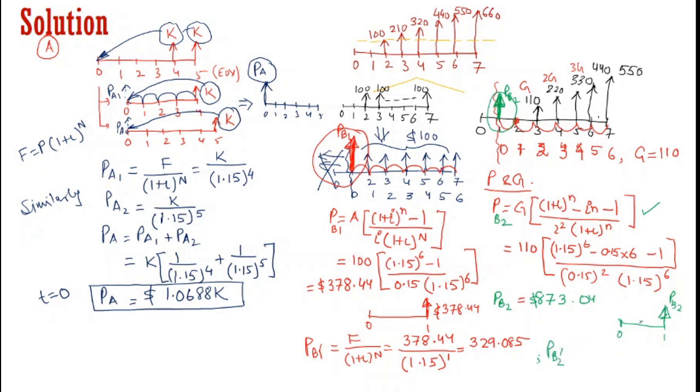It will be equal to, because F is given and I am interested in finding P, of course number of years is equal to 1 and i is given as 15%. On similar lines, it will be equal to 873.04 divided by 1.15 to the power 1.